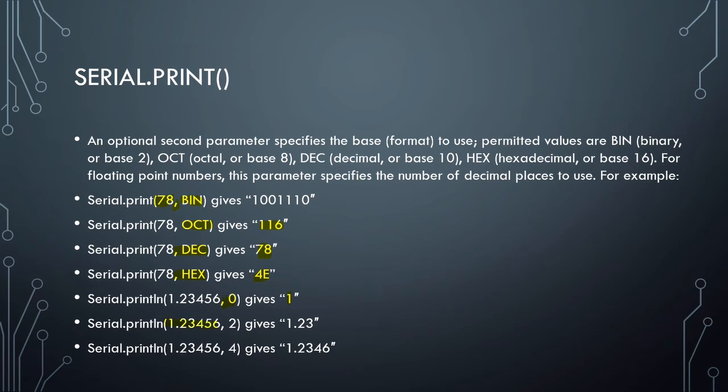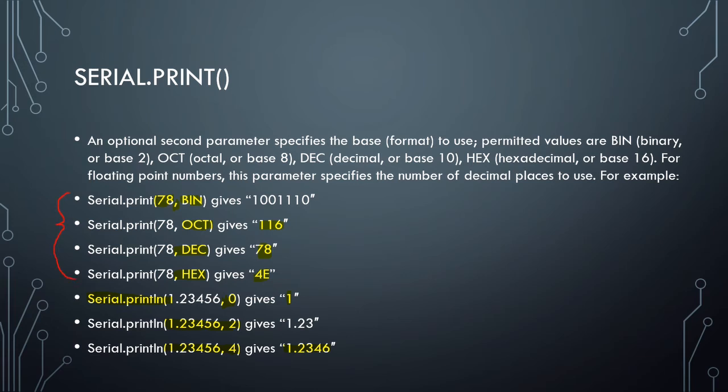In the next line, if I just do a comma 2, it's going to give me 2 decimal places when I print. That's standard. Next line, if I specify comma 4 decimal places, it will print out the number to 4 decimal places. And when you're using the decimal place command to differentiate, after serial print, we do need to add the letters LN.